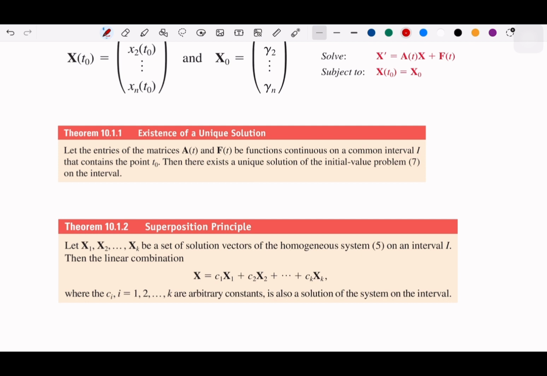We have x1, x2, until xk, which are solution vectors satisfying the homogeneous system on some interval. And if we take the linear combination with some constants C1, C2, Ck, that is also a solution. So a linear combination is also a solution.